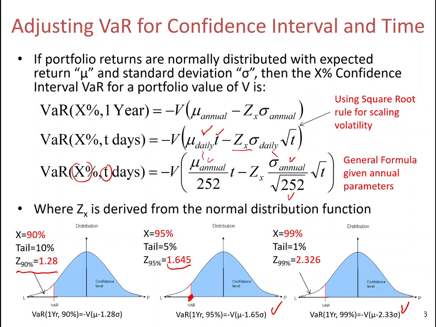Just to rehash the concept, if someone says the 99% confidence interval 1-year VaR is $27,900, what that means is there's only a 1% chance of losing more than that amount, or you're 99% confident that losses will not exceed that VaR value.